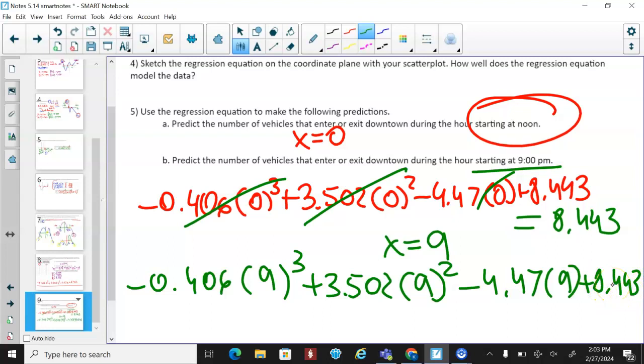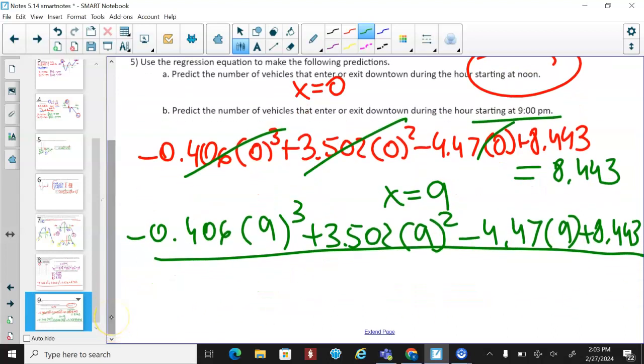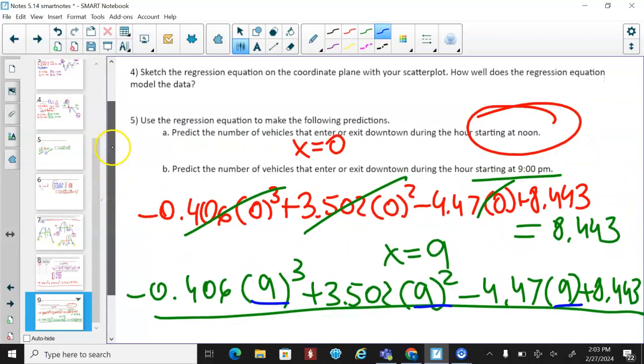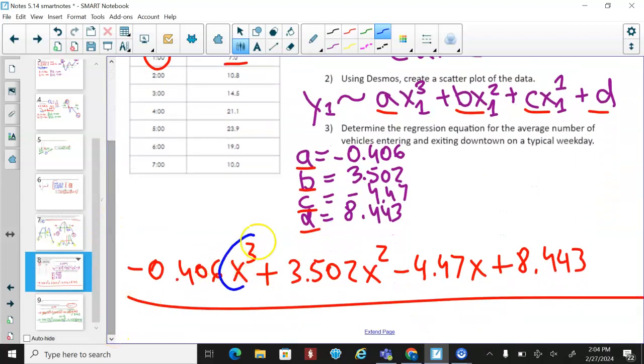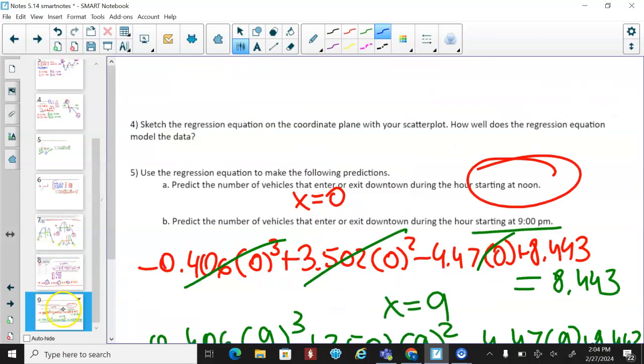Now again, if you put it all in the calculator, just don't forget to square it, cube it, and use these instead of the x's, because the formula was right here. We're going to plug them in instead of the x.